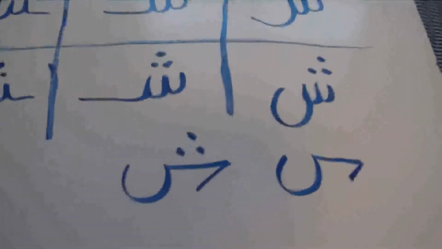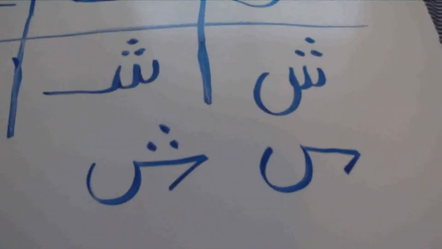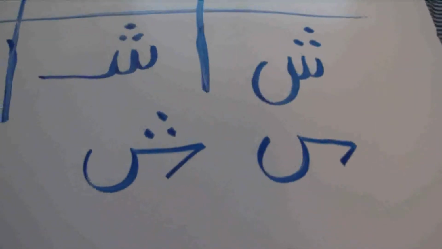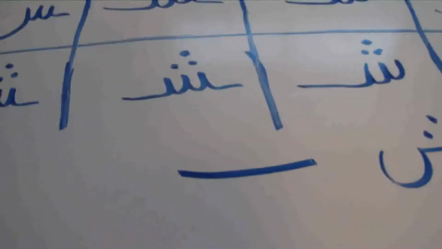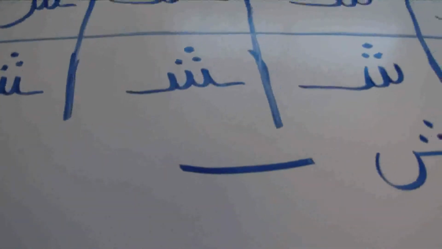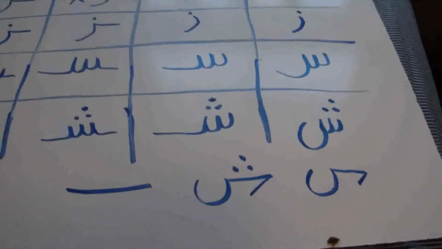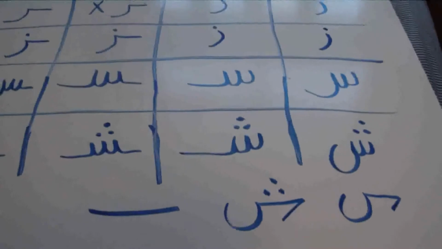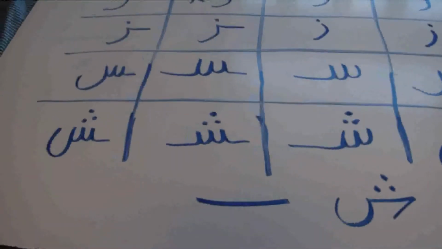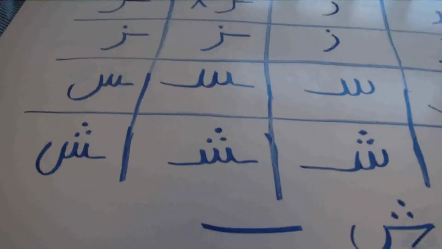So as you see, there's no real hooks there, and sometimes this can be a little bit confusing, because in the medial form it ends up being just a straight horizontal line, which can be a little bit confusing if you're just starting out. But in some people's handwriting, mine particularly, that's how the Siin looks, and so with time you get acclimated on how to use it like that.